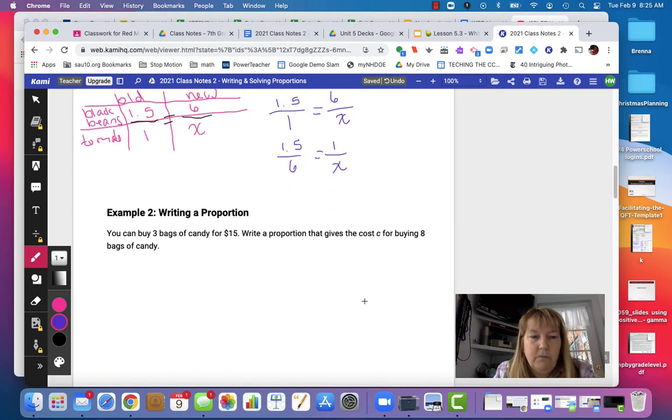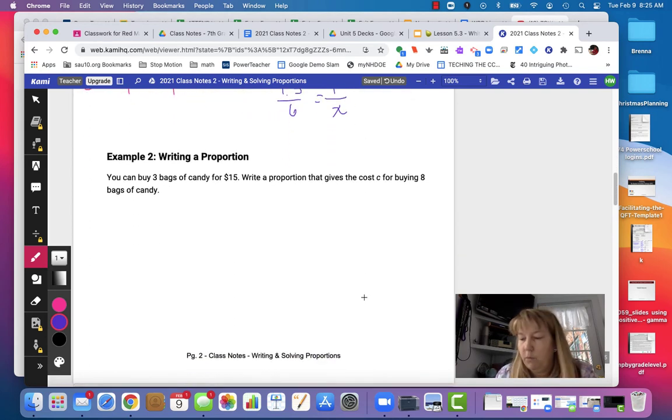So let's try another one. Writing a proportion. You can buy 3 bags of candy for $15. This is another way to keep track of whether you're comparing like to like: label your units.